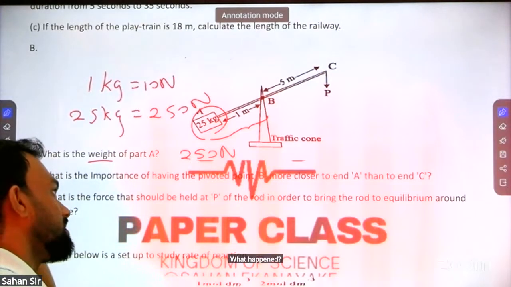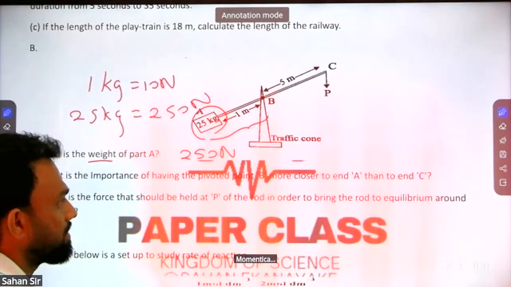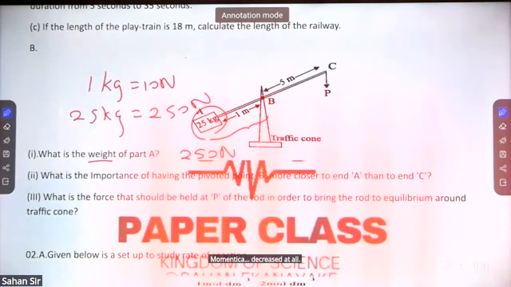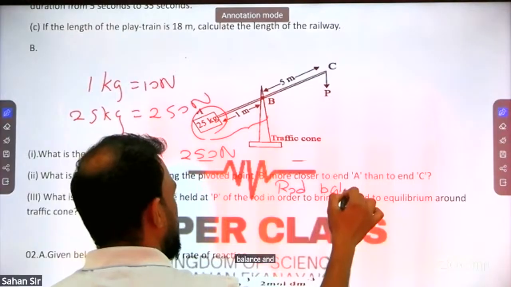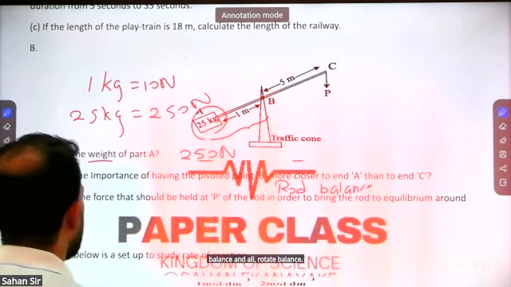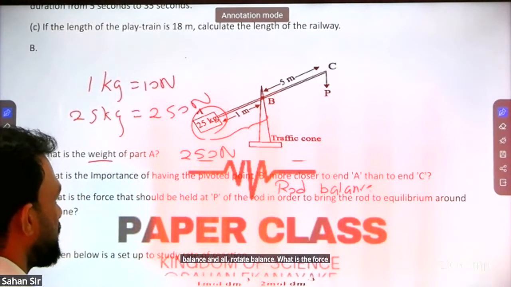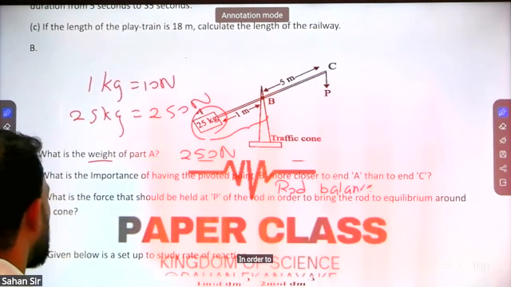Moment decrease to zero. Right. Yes. එතකොට මේ rod එක balance වෙනවා. The rod gets balanced.